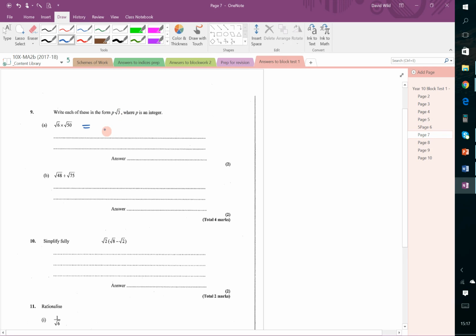We need everything in root 3. So let's split root 6 into root 3s. It's root 2, root 3. Now the 50s. Root 50 is root 25 times 2. We can't get 3s into 50. But what's root 25 times 2?